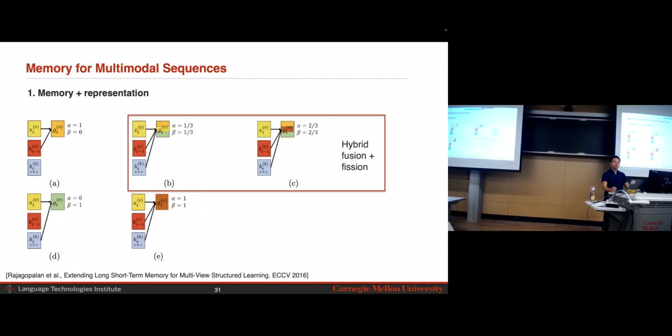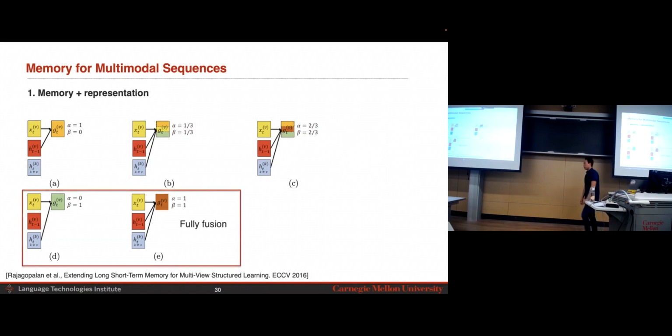I see this as fully fused because when beta is fully 1, whatever I'm storing into the red modality's memory is a function of the red modality and also completely of the blue modality. The blue modality is completely coming in. That's why the figure shows the colors.